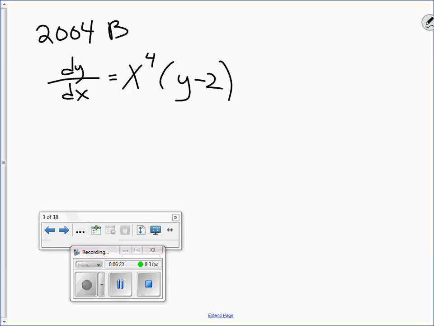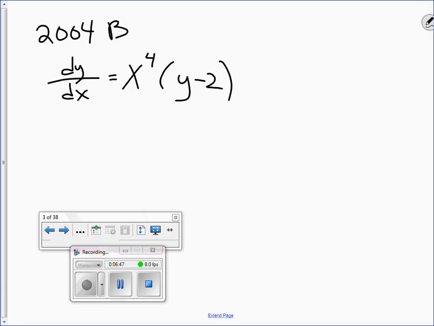Can you guys tell me when a product can be negative? Yeah, when one factor is negative and the other factor is positive. Right? So can that first factor, x to the fourth, ever be negative? No. So the only way that this slope, this derivative, can be negative is if the first factor is positive.